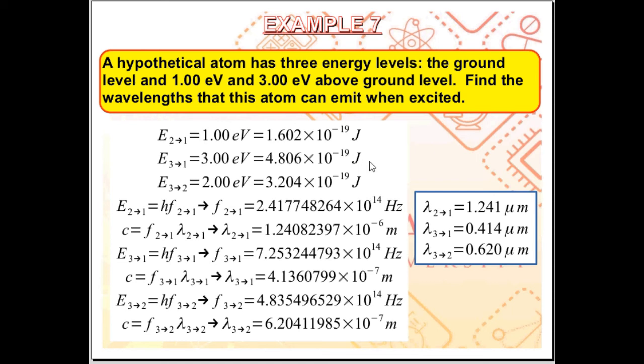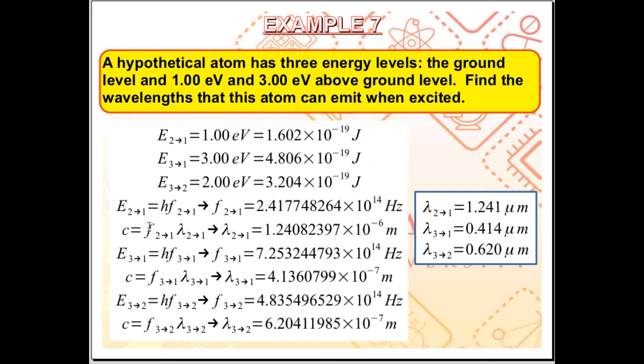Knowing that photon energy is just equal to hf, E2 to 1 is equal to hf, E3 to 1 is also equal to hf, E3 to 2 is equal to hf. So each one will give us a frequency of light.